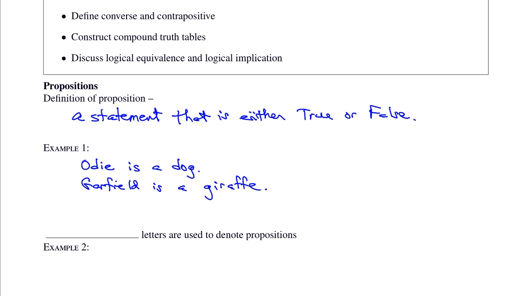Odie is a dog, true or false? That is true. Odie is a dog. And Garfield is a giraffe, true or false? That is false because Garfield is a cat. Okay. So these are from the comic books, right?